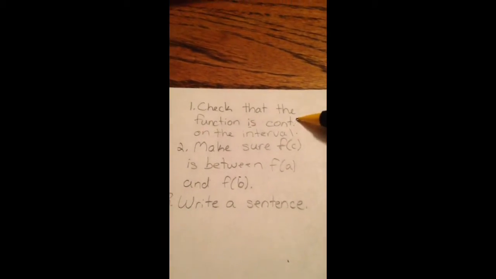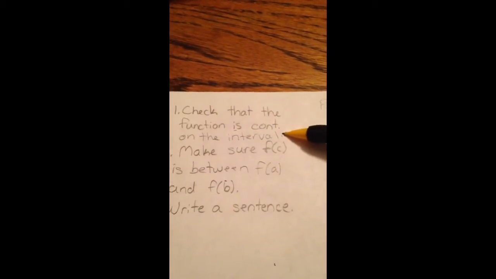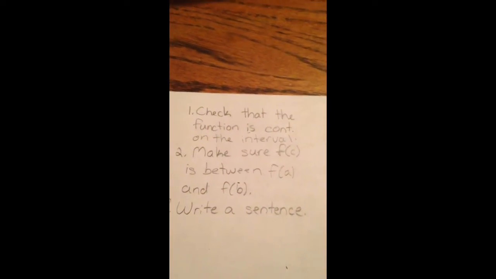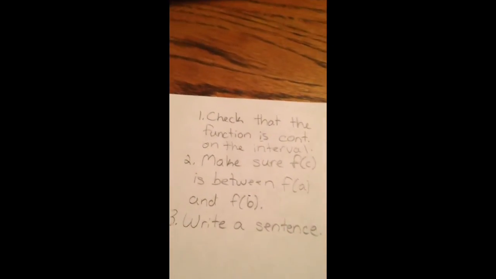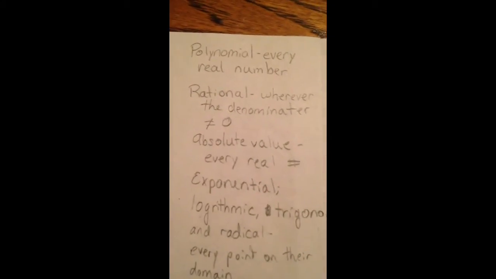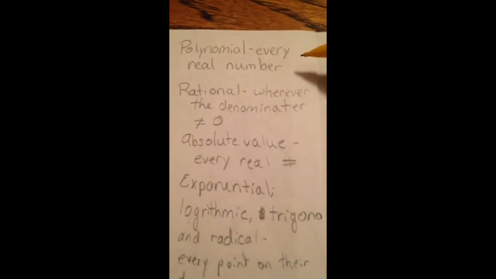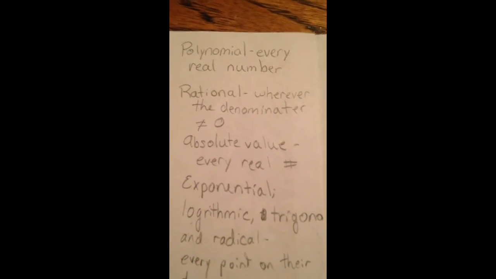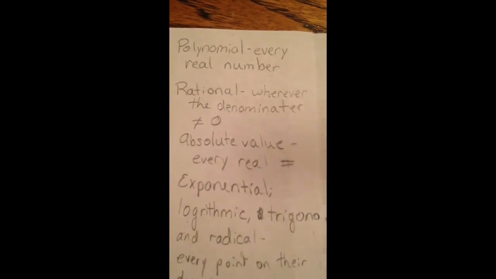Our first step, we're going to check that the function is continuous on the interval. This is just something you have to kind of memorize. There are 4 different rules. The first rule says that polynomials are continuous at every real number.